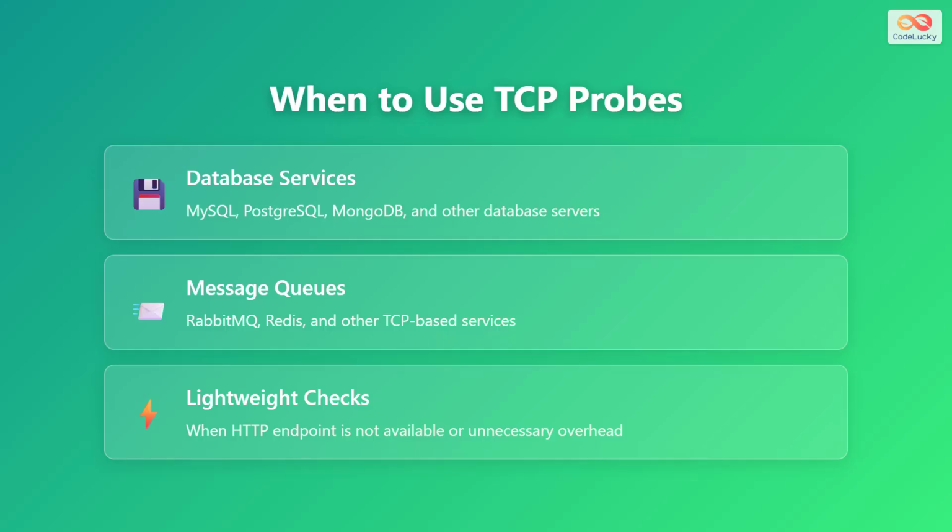Third, when you need lightweight health checks without the overhead of HTTP, TCP probes provide a minimal resource footprint. They're perfect when an HTTP endpoint would be unnecessary complexity, and you just need to confirm that your service is listening on its designated port and ready to accept connections.